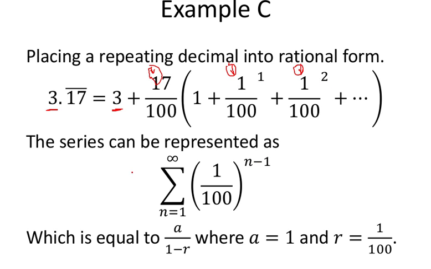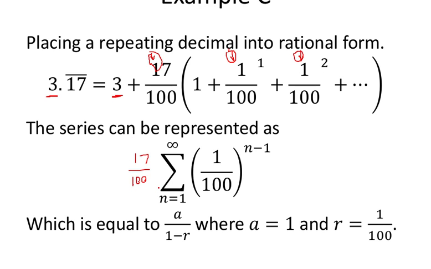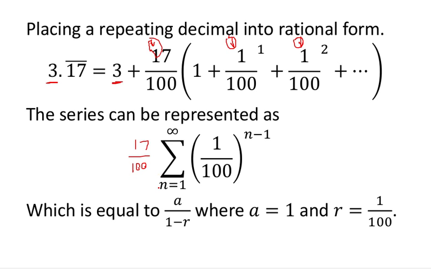And in fact, we can make this truly complete and say 17 over 100 times this. And so we take this, it's equal to a over 1 minus r, where a is equal to 1 and r is equal to 1 over 100.